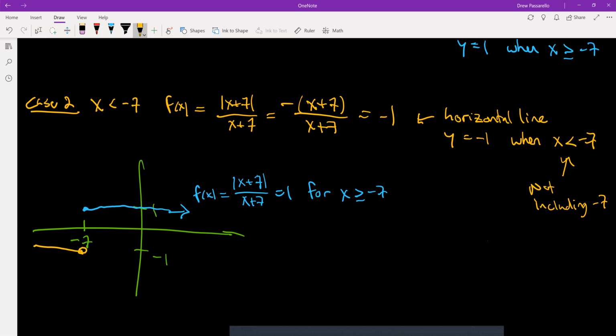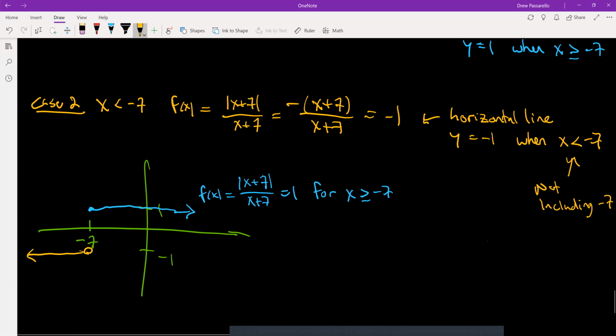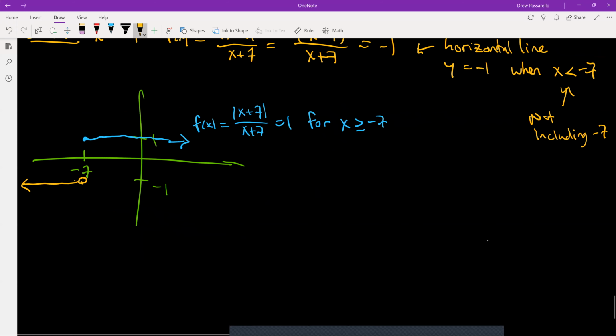So let's imagine that's a horizontal line at -1. Okay, so that's f of x, absolute value of x plus 7 over x plus 7, which is -1 for x less than -7.